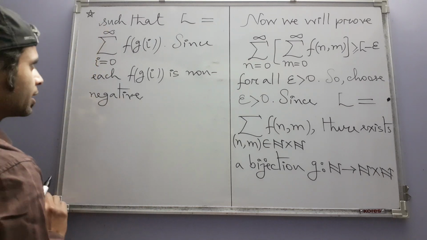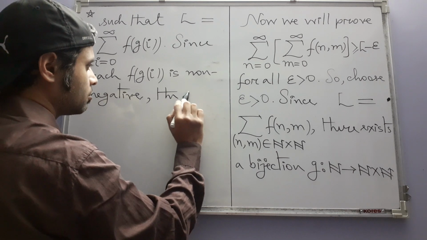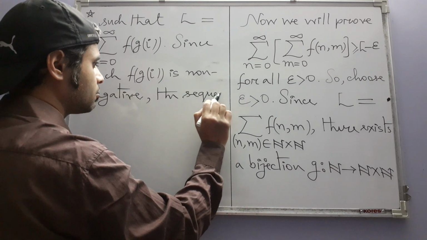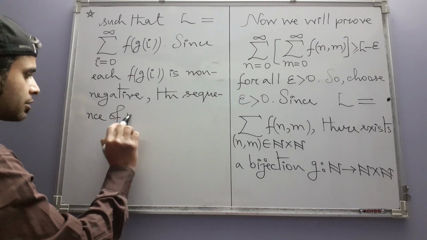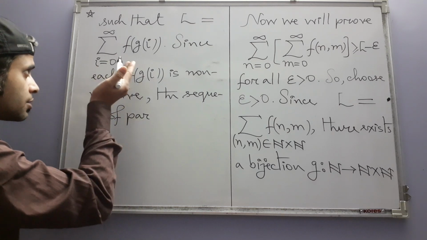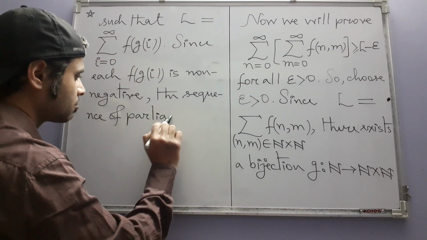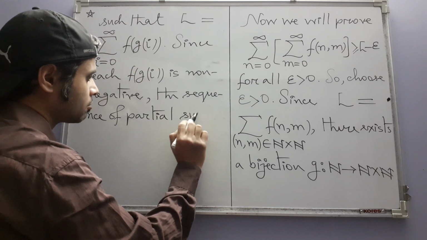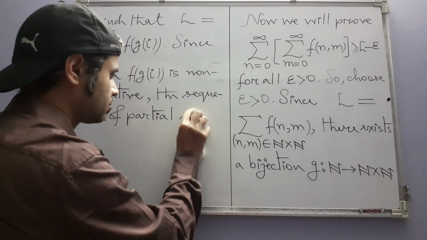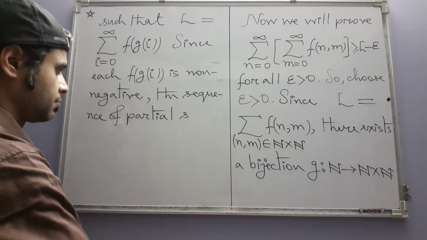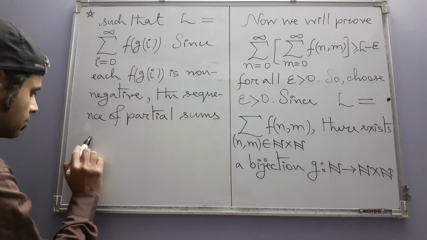Okay, so we have that the sequence of partial sums of this series, because now this is an ordinary infinite series, that is this sequence.